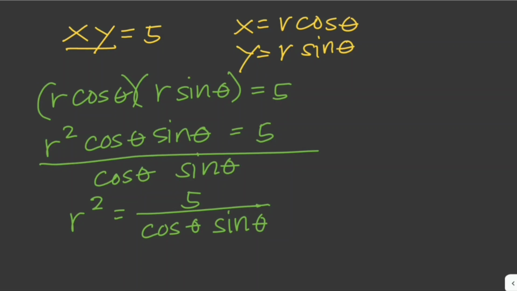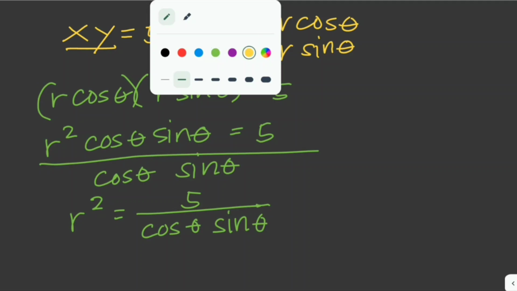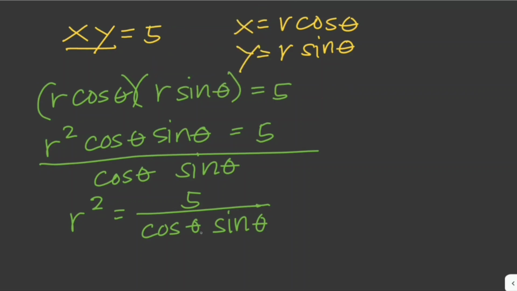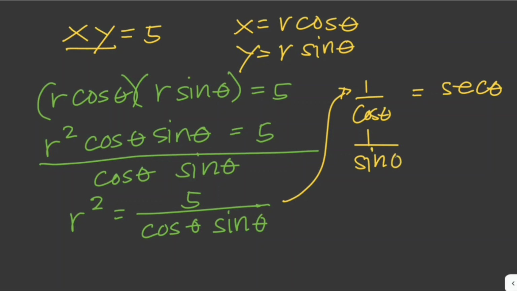We can further simplify this by using the trigonometric identities, which are 1 over cosine theta is just equivalent to secant theta, and 1 over sine theta is equal to cosecant theta.